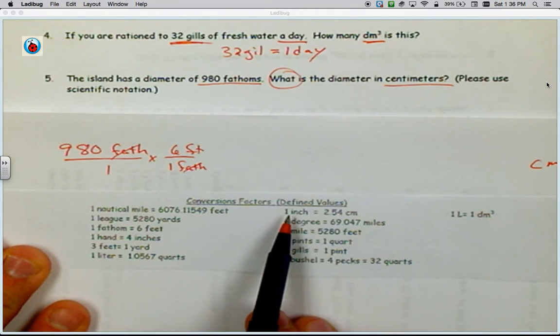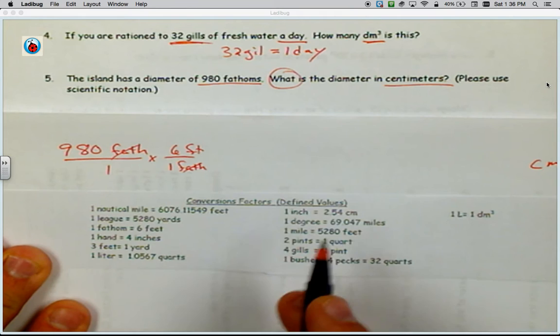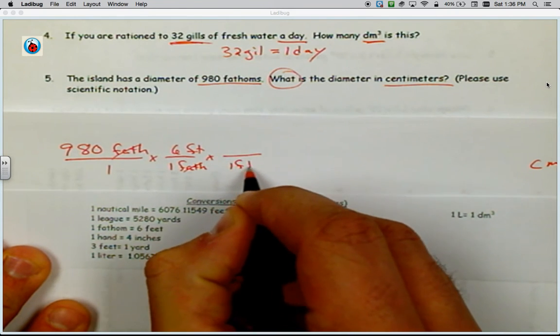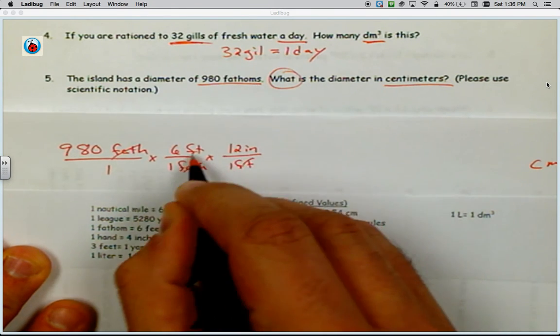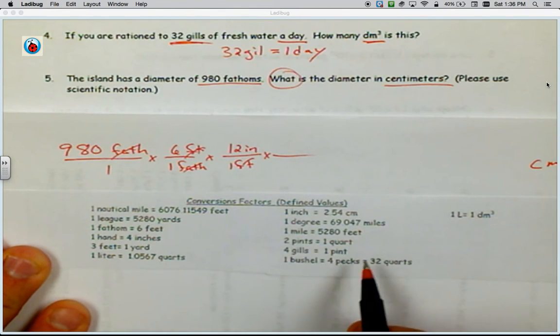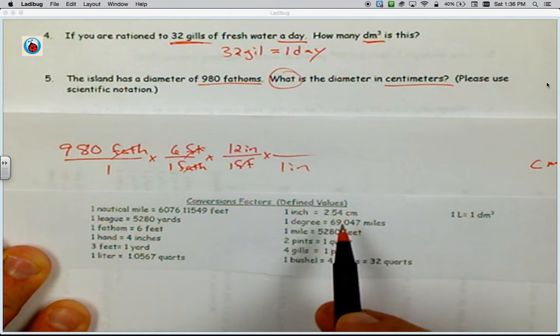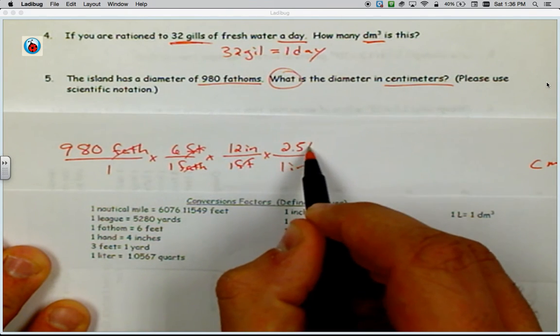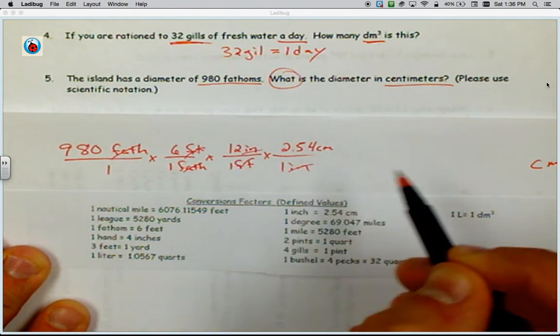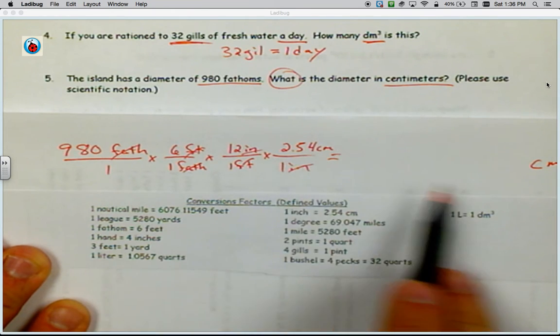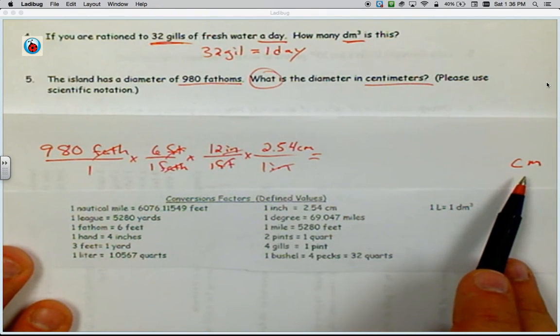We got centimeters from inches. Well, we can get from feet to inches. For every 1 foot, 12 inches. For every 1 inch, 2.54 centimeters. Centimeters, centimeters. We reach our final destination.